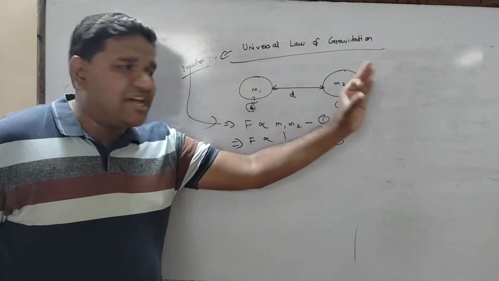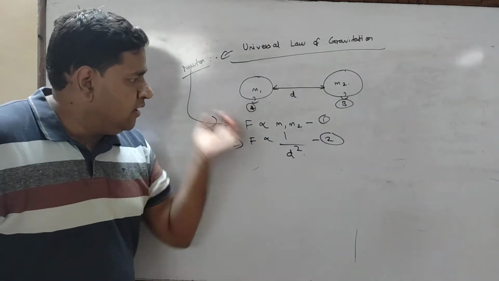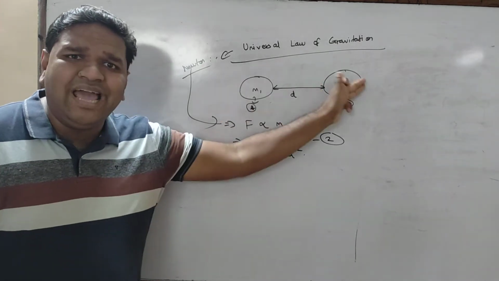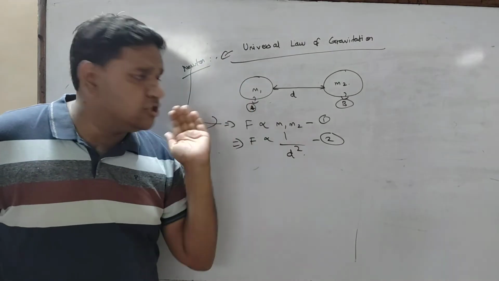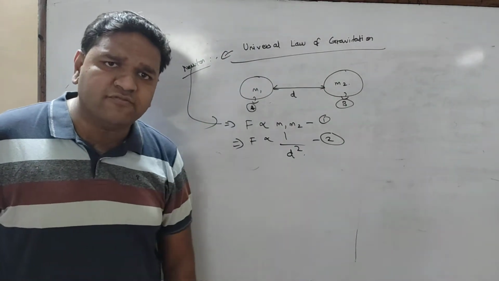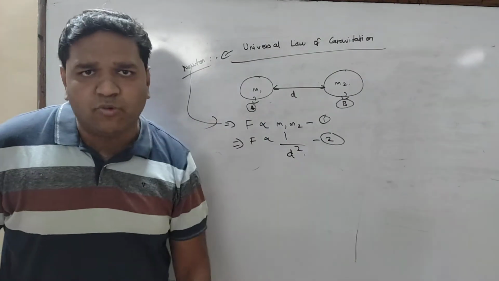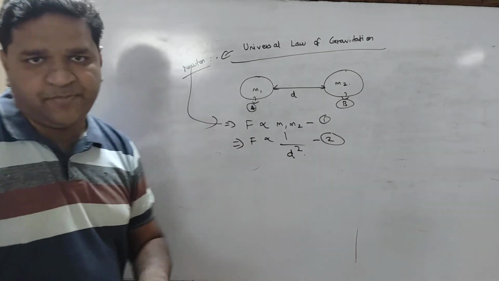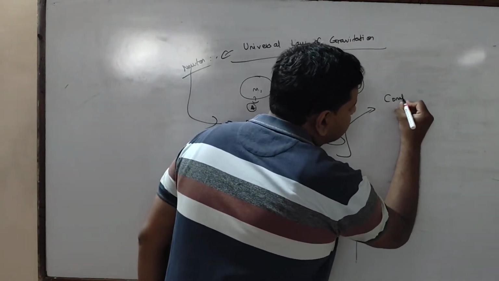The two objects are at a distance D, and these could be any two objects on the earth, object A and object B, where M1 is the mass of object A and M2 is the mass of object B. As per Newton's law of gravitation, force is directly proportional to the product of the two masses, M1 and M2. Also, force is inversely proportional to the square of the distance between the two objects.